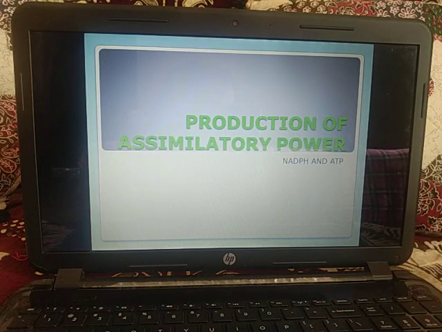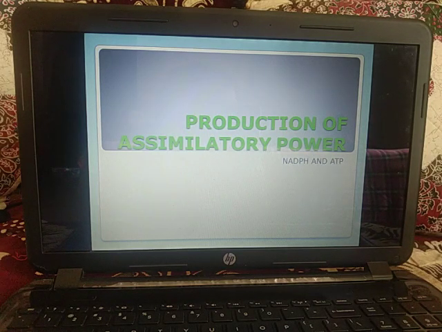It is the primary reaction of photosynthesis, and it involves the conversion of light energy into chemical form. The phenomenon is known as quantum conversion.